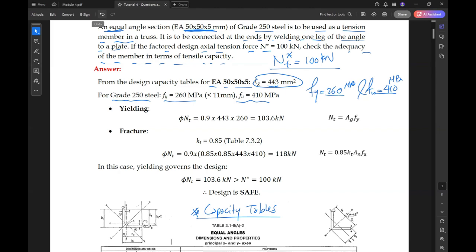So from the procedure we just went through earlier, we have two cases.